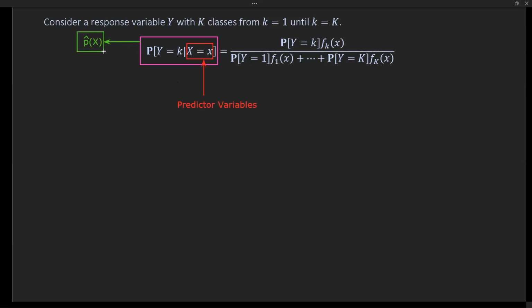This notation, the P of X, was great for, or was enough for the credit card data set, for the default data set. Why was this notation fine for that context? Because that was a binary response variable.